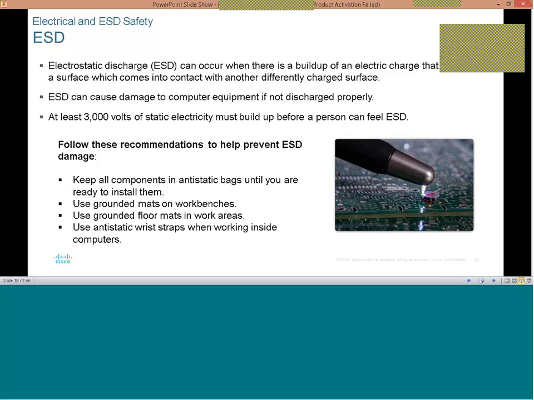This is very important because most of the components inside the computer, like the motherboard, can be damaged with bare hands, because our body builds up static electricity. So we are advised to put on a strap and have some protective gloves to avoid this discharge of excess voltage from our body to the devices. So there are ways you have to do this to avoid damage.